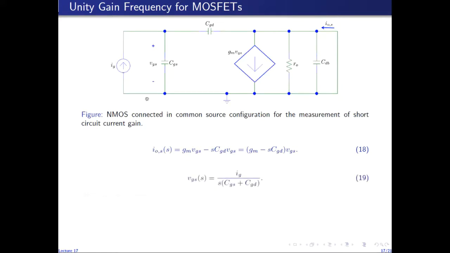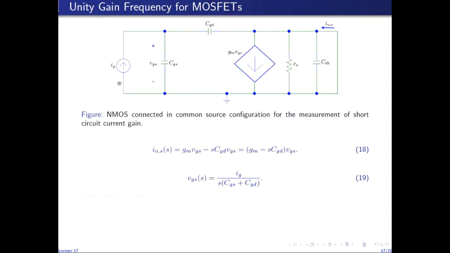Vgs is given by Ig times the total impedance at the gate, or in other words, the total impedance between gate and ground, which is given by the parallel combination of Cgs and Cgd. The net capacitance between gate and ground is Cgs plus Cgd.